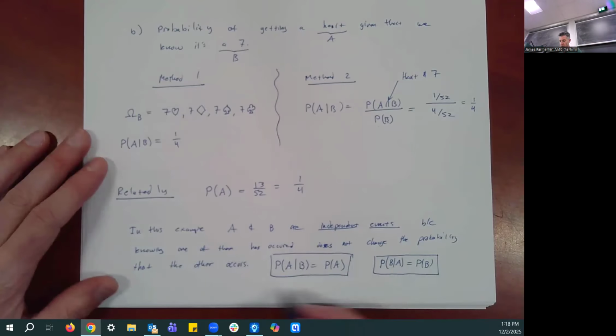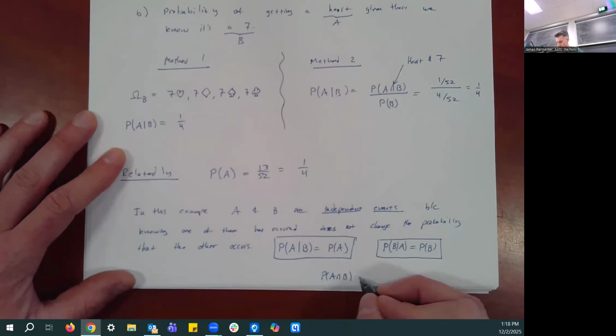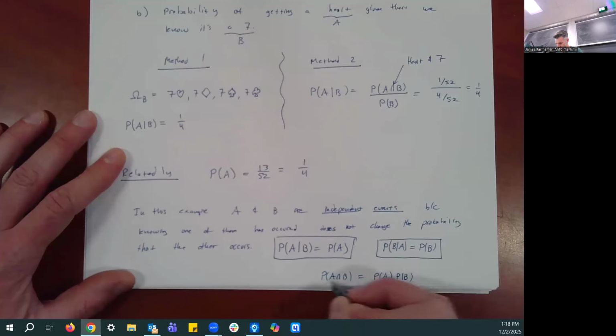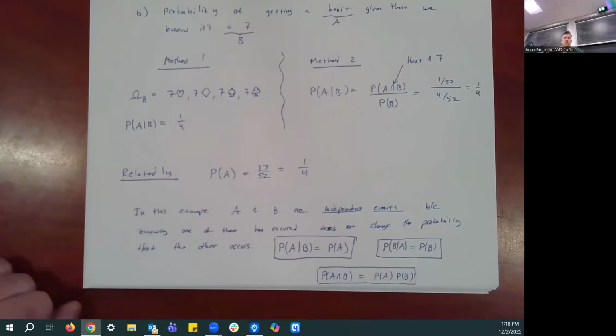So the third way of showing that two events are independent is that the probability of A intersect B is equal to the probability of A times the probability of B. If any one of these things is true, they're all true.